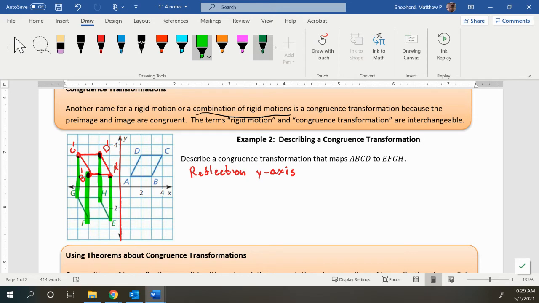So this should now be a translation that is following the rule that (x, y) becomes (x, y minus 4). Now x doesn't change because we didn't move forward or backwards, but y went down 4 places. So these are the rules that would create that congruence transformation.